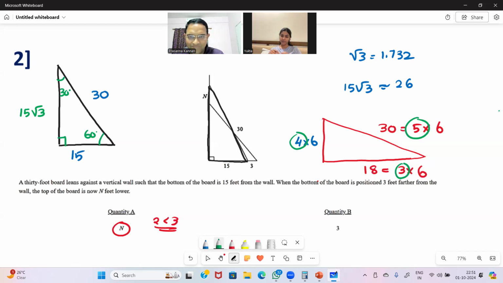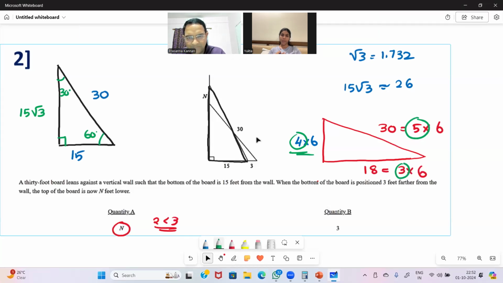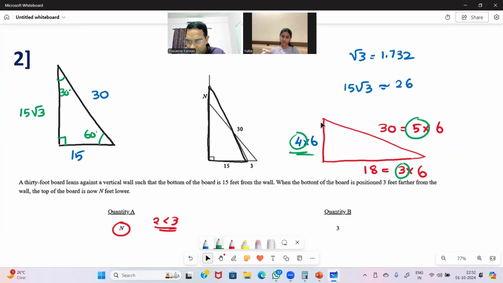I think you must have done it using Pythagoras theorem, but that may not be required because you can figure out that it's 3, 4, 5. So it's 24, that's good. Then the difference is 26 minus 24, that's 2, right? That's less than 3. Got it. Is it clear, Yukta?